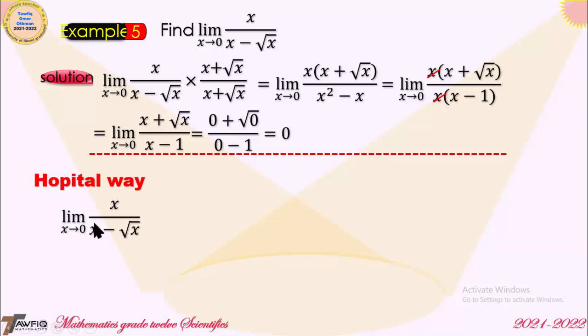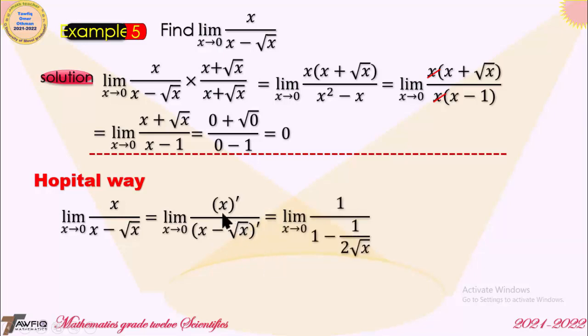The limit as x approaches 0 of x over x minus square root of x. To use L'Hopital's rule, we must take the derivative of the numerator and denominator. Then the limit as x approaches 0 of the derivative of x over the derivative of x minus square root of x, which equals the derivative of x is 1, over the derivative of x is 1 minus the derivative of square root of x, which is 1 over 2 square root of x.